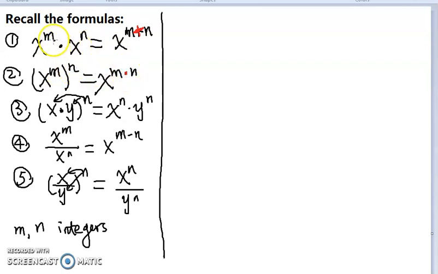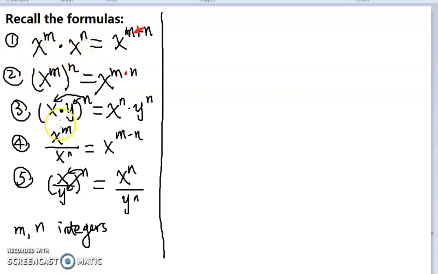But in the first formula, these two powers, m and n, are not beside each other. We don't raise the first m to the second n, so we add them. So that's a tip to help us memorize quickly.